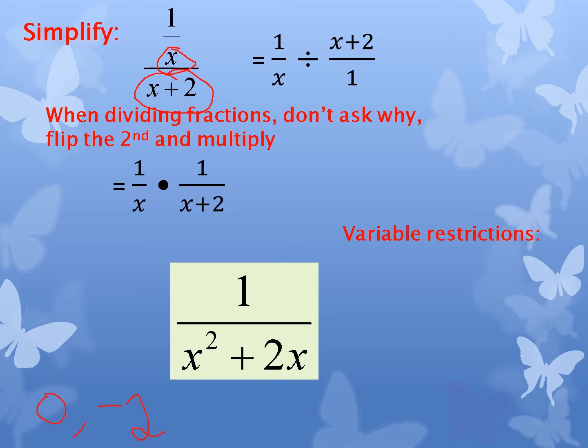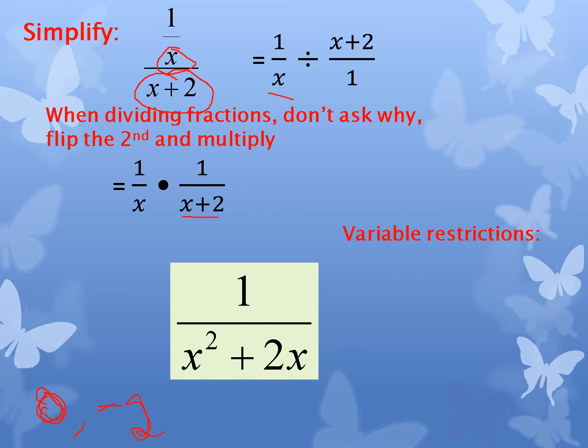Now, looking along the way, x can't be 0 here, so we've already got the 0. Here x can't be 0, so we've got another 0. And then right here, x can't be negative 2, so we've already got that negative 2.